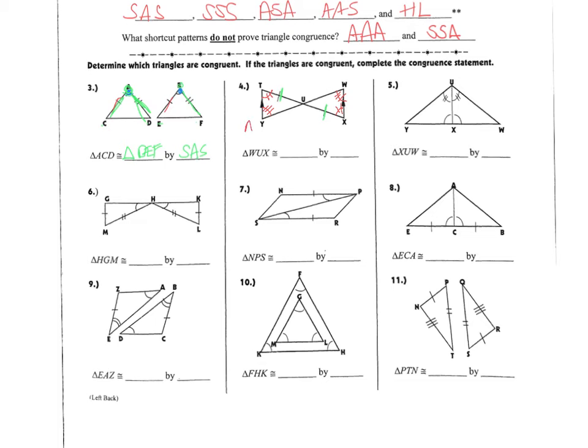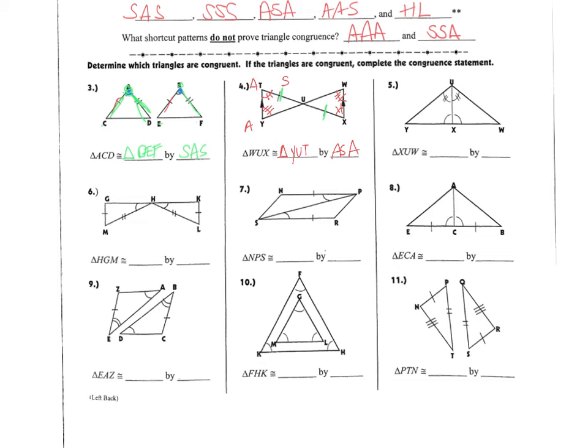Now, at this point, we would have enough information to be able to say that we would have an angle and a side. Notice that this time the side is not included between the two angles. And so that's our difference between angle, side, angle, and angle, angle, side. So we would have enough to say that triangle WUX is congruent to triangle YUT, and that would be by angle, side, angle.